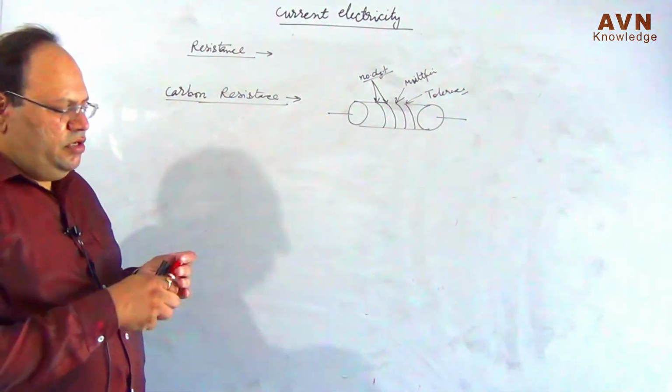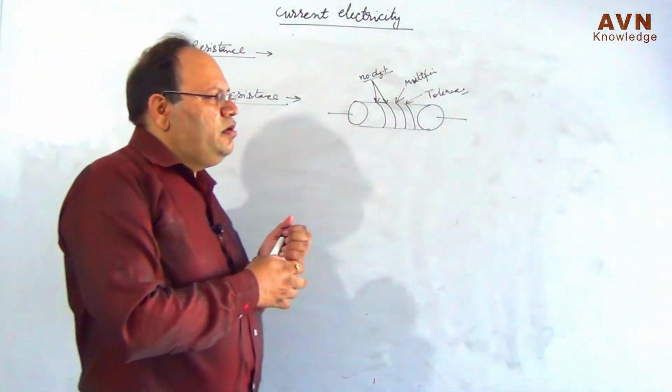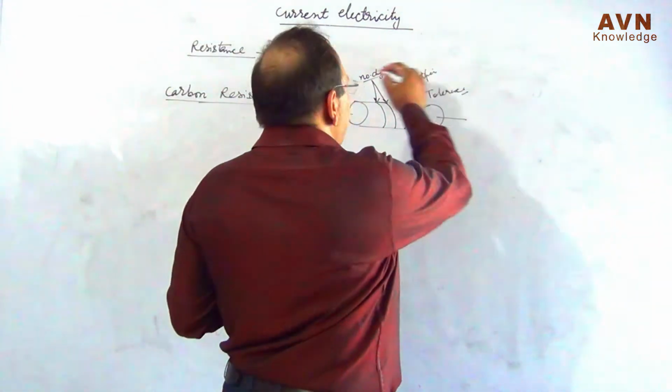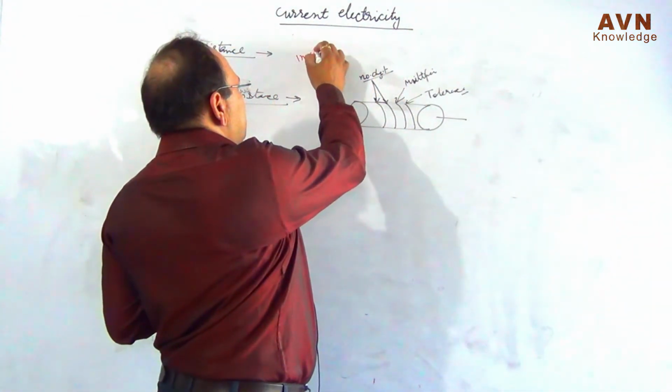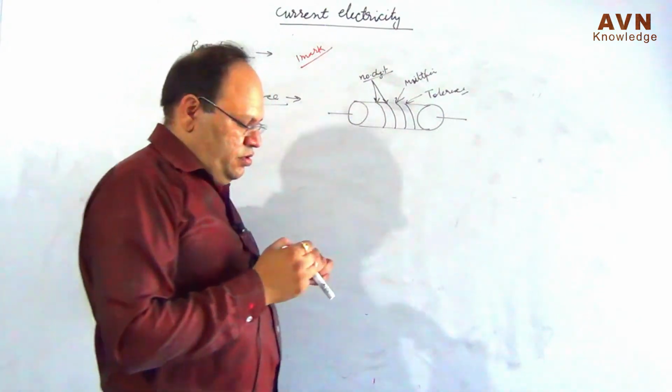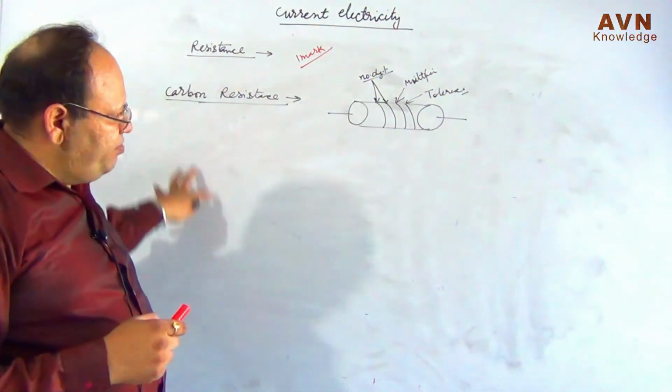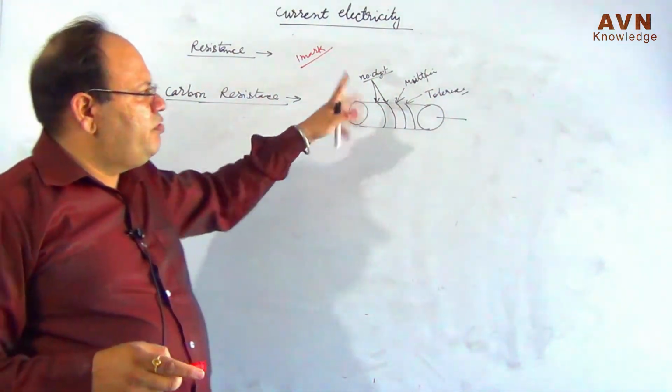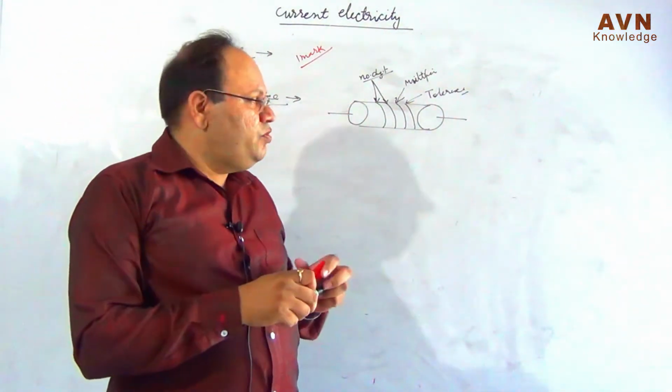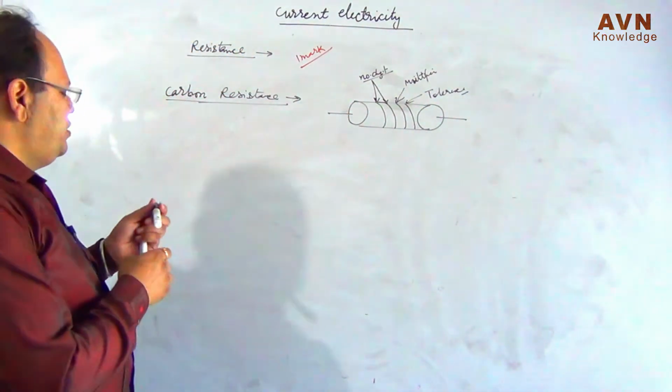This question is asked in board examinations as a 1 mark question, and we have to make a table of the colors and then calculate the resistance.